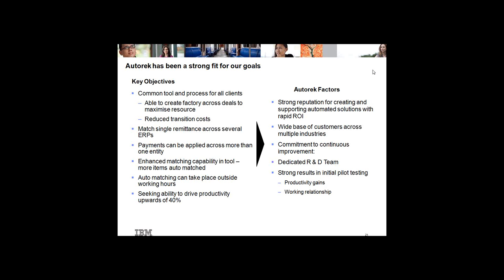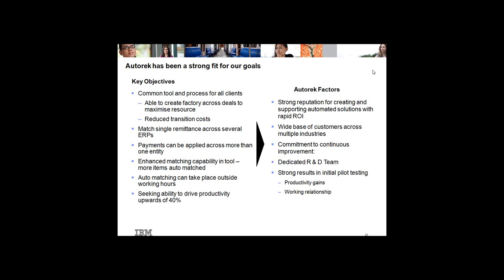So some of the factors in our decision making were that we wanted a common tool that we could use across clients, something that would allow us to standardize cash applications and create a factory model. If you're working in a shared services environment, very similar to the type of environment that I work in, where you have different countries or different clients working on different ERPs, you want to be able to train your people once and have people be able to back up each other and work off of one common platform.